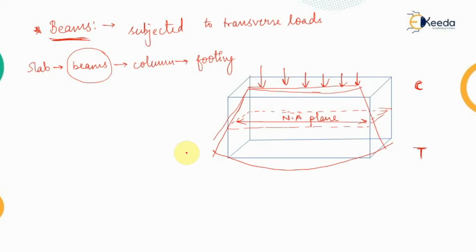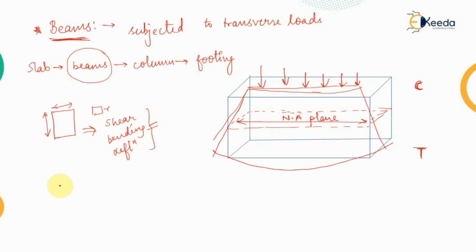Now usually when we design an RCC structure, we provide the beams in the form of a rectangular member, with suitable width and depth provided for the RCC beams. And that's why the major types of failure which occur in an RCC structure are shear failure, bending failure or deflection failure. These are the primary criteria in which an RCC member or RCC beam fails.